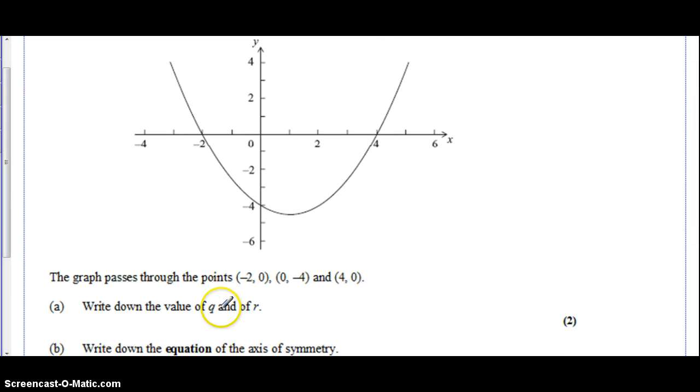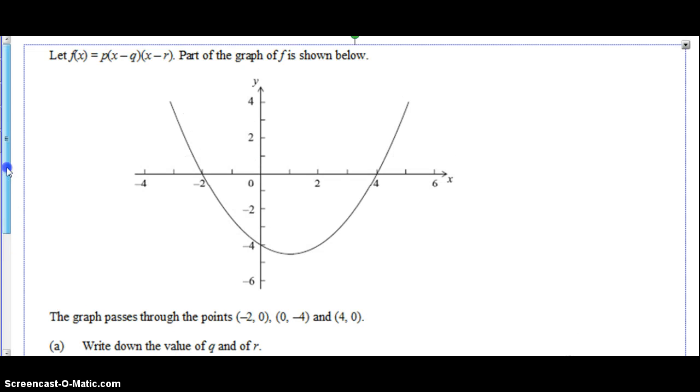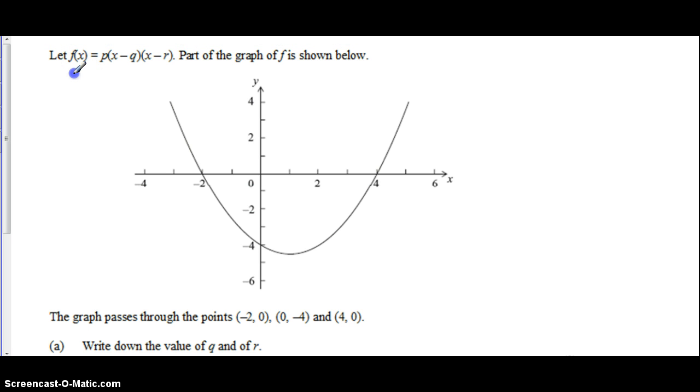For our values of q and r, remember when you see this form, this is giving you the solutions. Here it's in factor form, and remember your solutions are when the function is equal to 0.